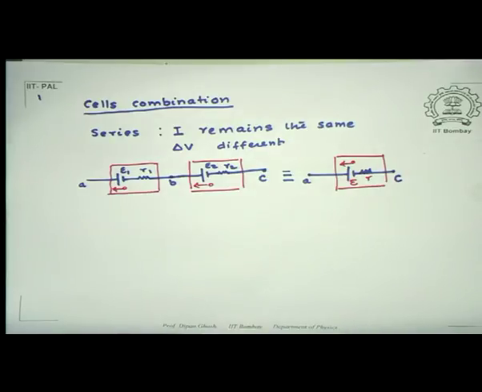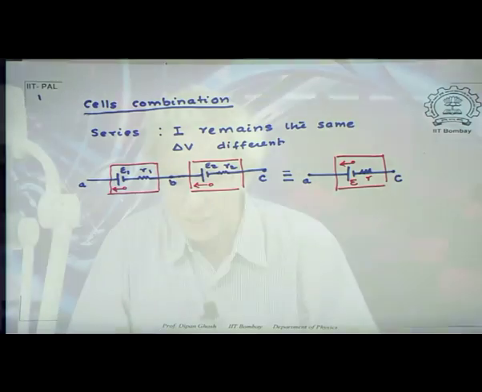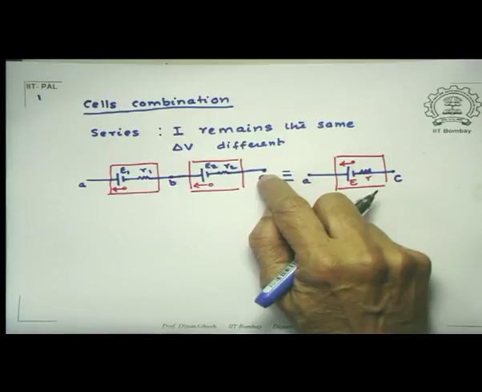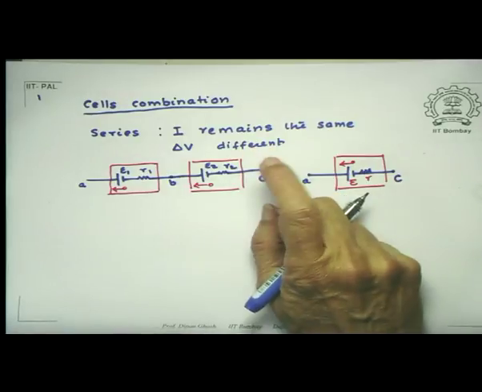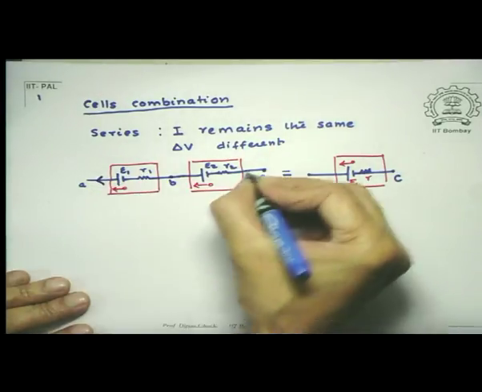So what we said is the principle is the same as we do in case of resistances, that is, start from any point. Let's suppose I start from the point C and go in the direction of current, supposing this is the direction of current.